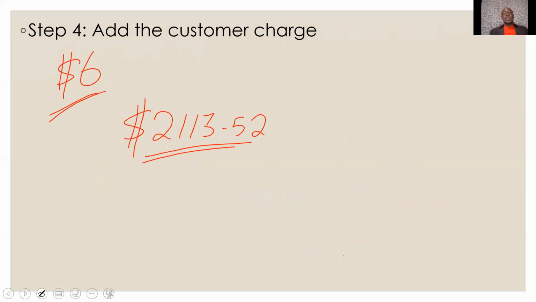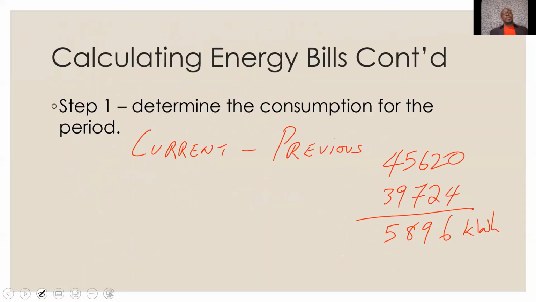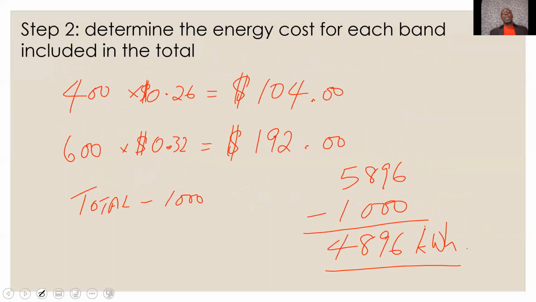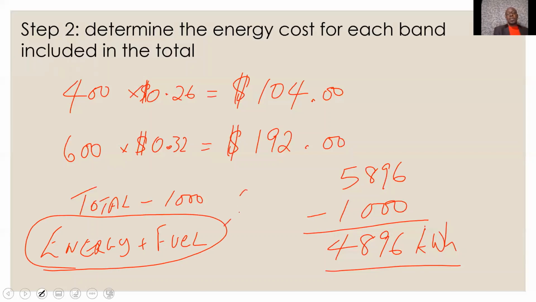So let's go through the steps again. Step one, we get the consumption. Step two is that we look at the energy cost based on the bands. In this case, there's no separate energy cost, but we have energy plus the fuel, which is combined to give us consumption.